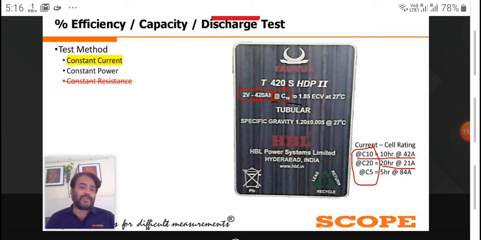In salt water testing, we do not have any control on any of these things. So the current goes on as per its own whims and fancies. There is no way we can control the current in a salt water tank.